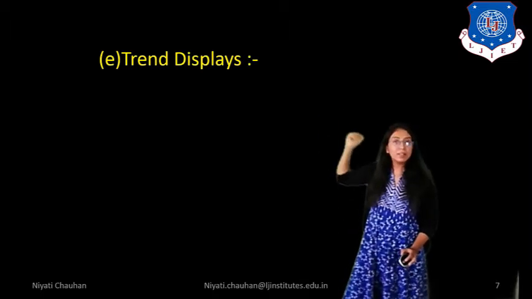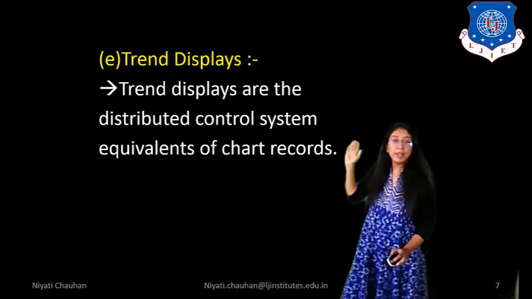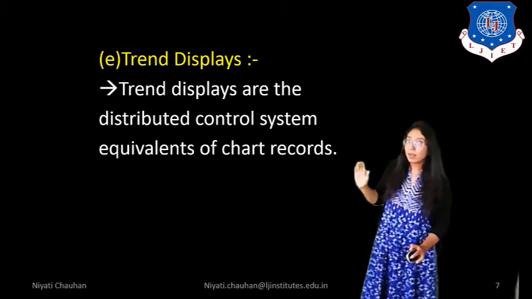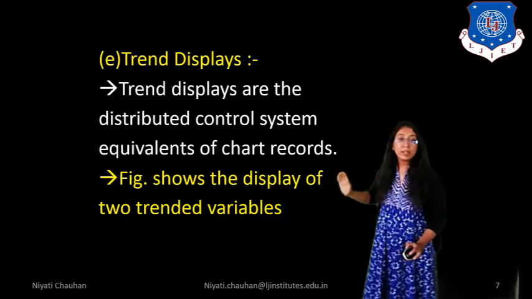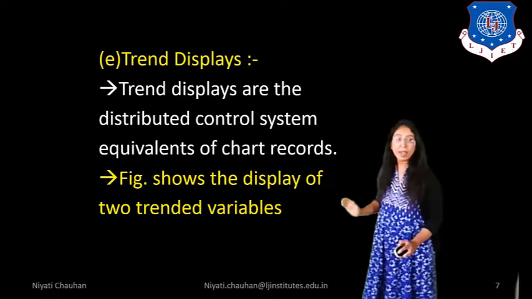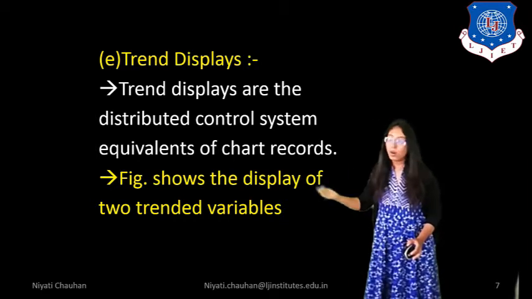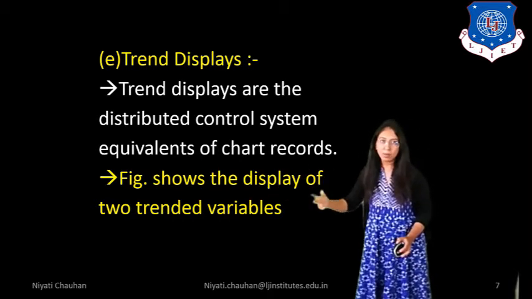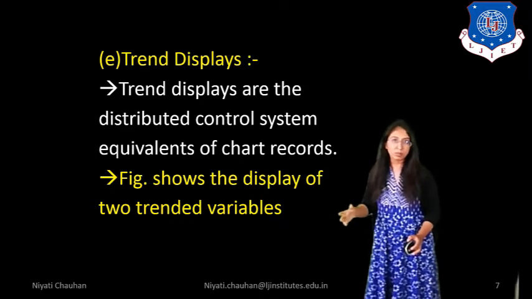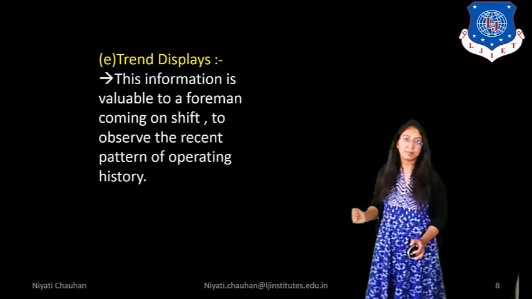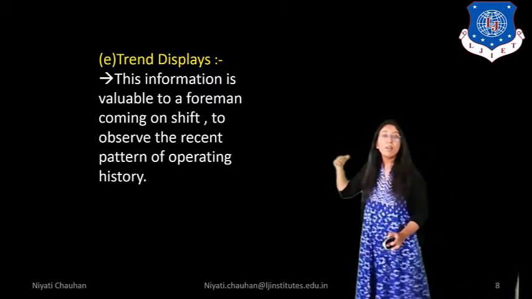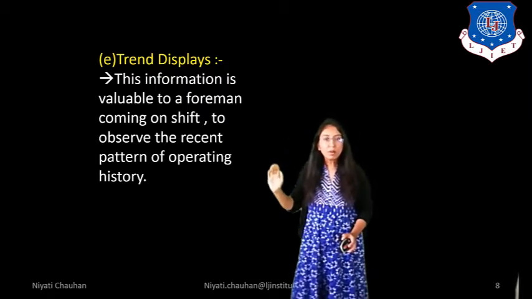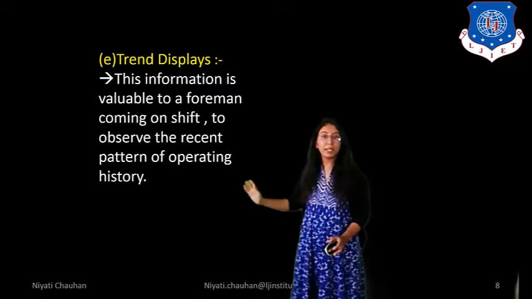Next is trend display. Trend displays are the distributed control system equivalent of chart records. The figure shows the display of two trended variables. So in trend display, the operator can see the past process and also the present process. This information is valuable to a foreman coming on shift to observe the recent pattern of operating history.